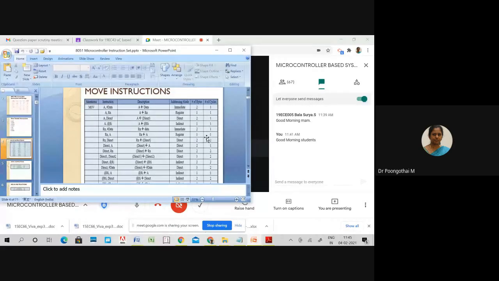Okay. Students, please note down all the details of this particular instruction. These details are very important to program your 8051 microcontroller. Okay.